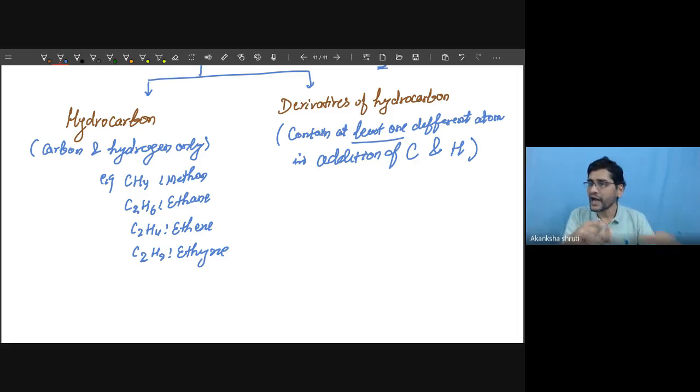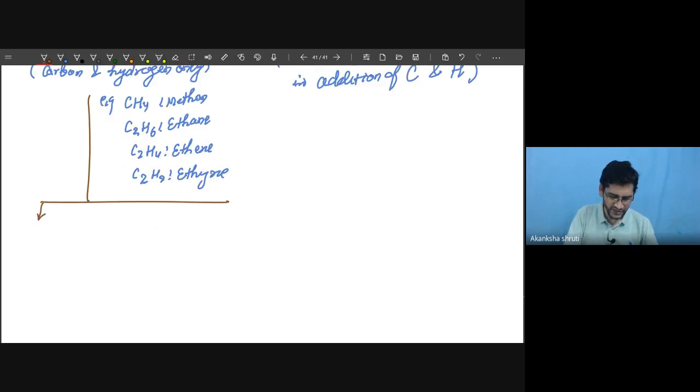Now, considering isomerism and the catenation property, there could be different kinds of carbon chains in hydrocarbons. Depending on that, hydrocarbons may be classified into different categories. One is called open chain. Another one is called cyclic, or closed chain, or ring structure.